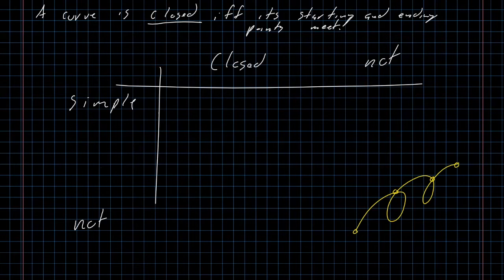A simple closed curve looks something like that. You can't even see where the starting and ending point are unless I point them out to you. But of course, you can also be simple and not closed, and you can be closed and not simple.